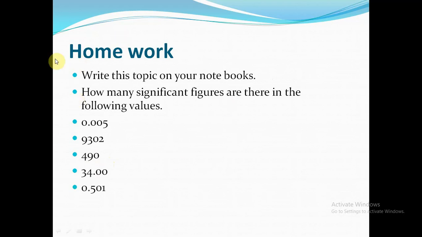Now we are moving towards the homework. Write this topic in your notebooks and find the number of significant figures in the following values. There are 5 values given to you, and you are going to find the number of significant figures in each value.